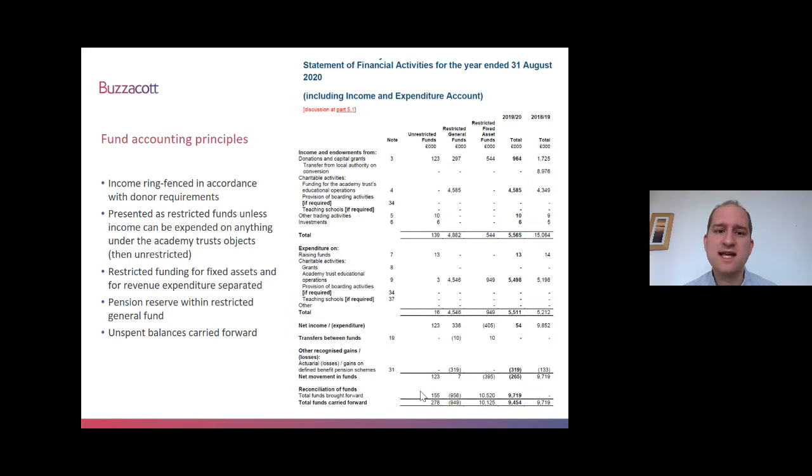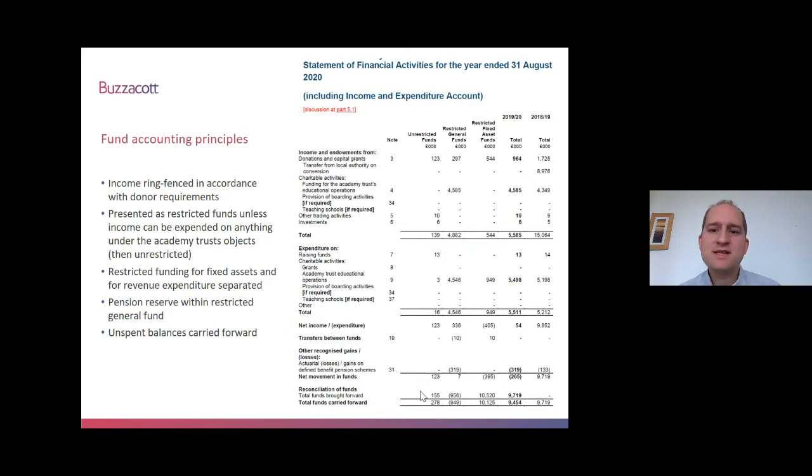The principle behind restricted versus unrestricted funds is all down to the donor's wishes. If the person or the institution granting you the money has said it has to be spent on particular purposes, then it has to be presented as ring-fenced restricted funds in the accounts. So it'll sit within either the restricted general fund or the restricted fixed asset fund.